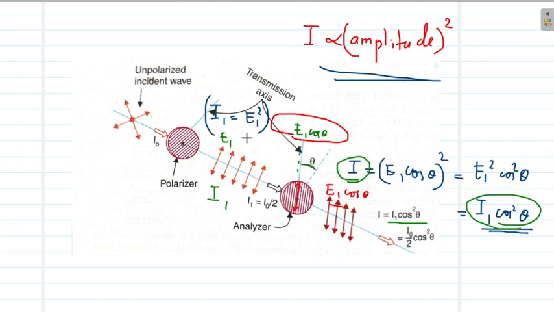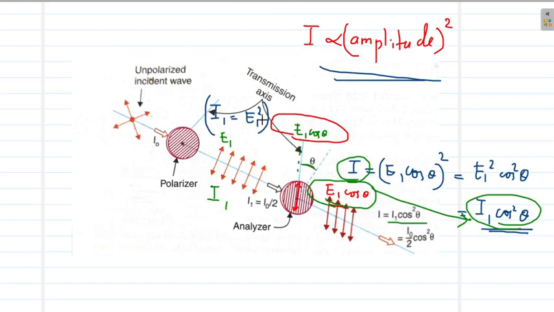And you must also understand how this relation comes into existence, and that is simply because the electric field is getting split up into components, and the parallel component is actually passing through, which is E1 cos theta. Take the square and you will get the Malus law.